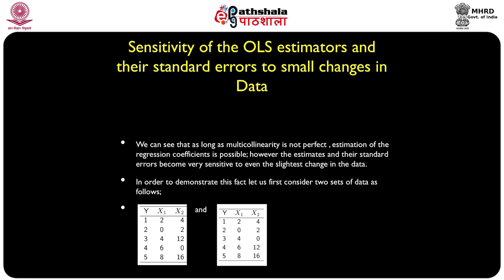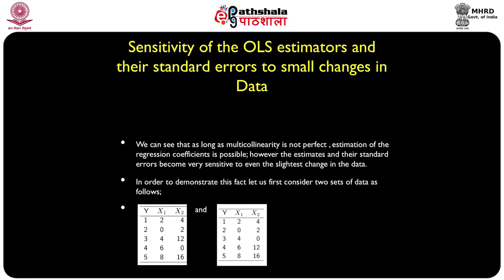Now let us look at the final practical consequence of presence of multicollinearity in a dataset. The sensitivity of ordinary least square estimators and their standard errors to small changes in data can be seen through illustration using the next couple of datasets as examples. We can see that as long as multicollinearity is not perfect, estimation of the regression coefficient is possible.